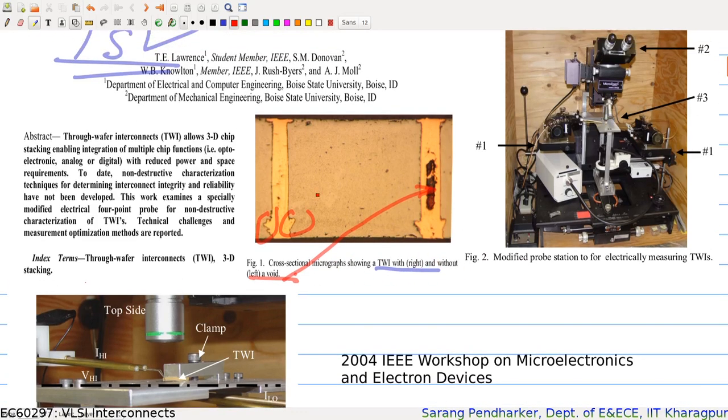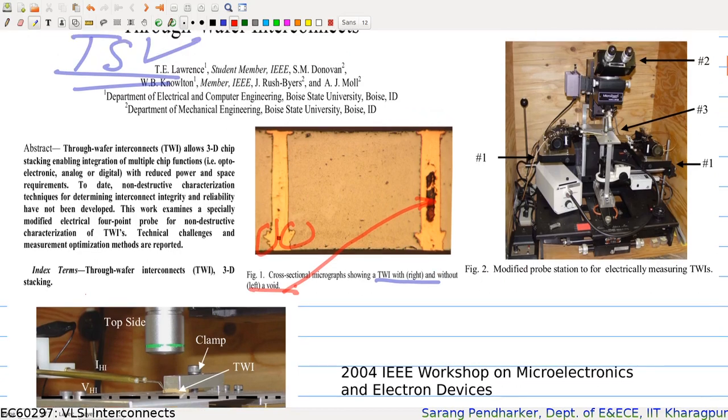This is what you get when you finally fabricate. That might not exactly match with what we were trying to simulate, and therefore you have to extract the parameters from the measurements.